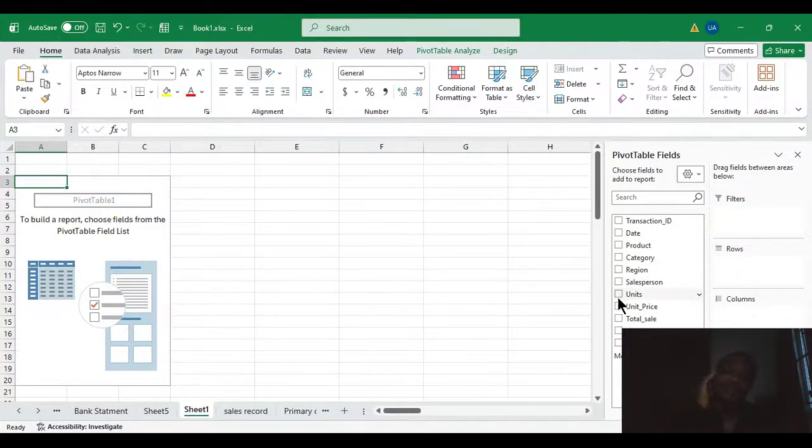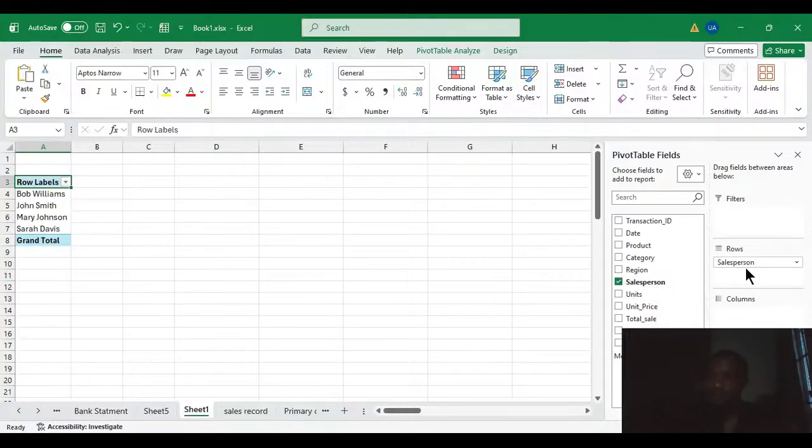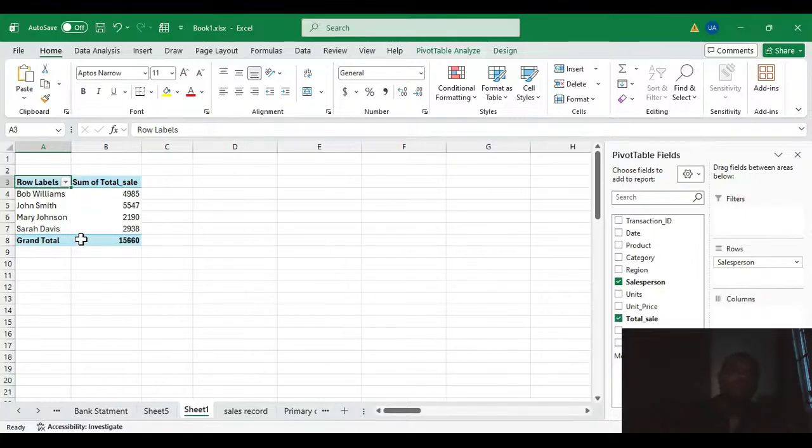Let's say, for example, we want to know who sold the highest product. So I can move this to the row. Then I can move total sales down here. Now over here, you will see we have 4 people that actually engage in this selling of items.